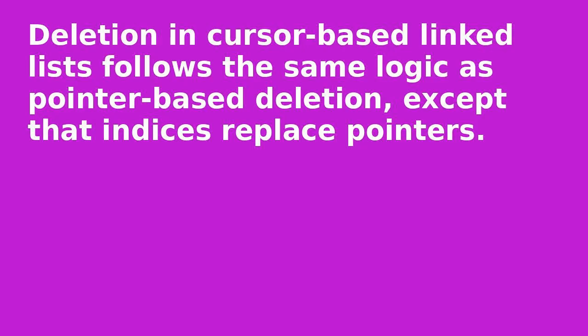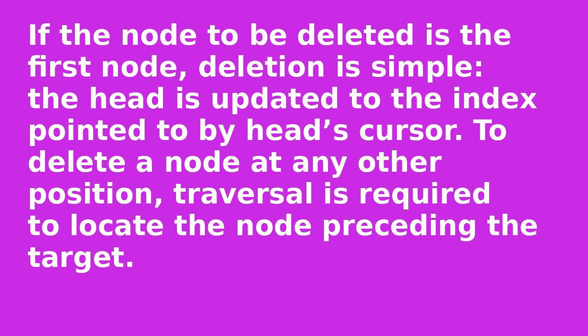Deletion in cursor-based linked lists follows the same logic as pointer-based deletion, except that indices replace pointers. If the node to be deleted is the first node, deletion is simple. The head is updated to the index pointed to by head's cursor. To delete a node at any other position, traversal is required to locate the node preceding the target.